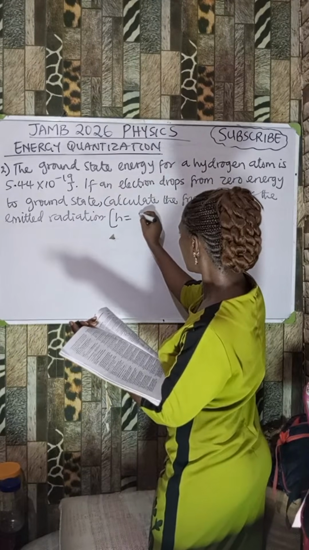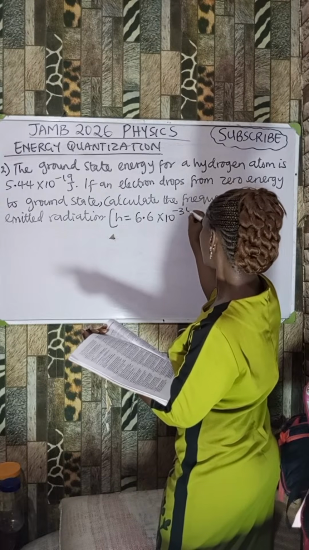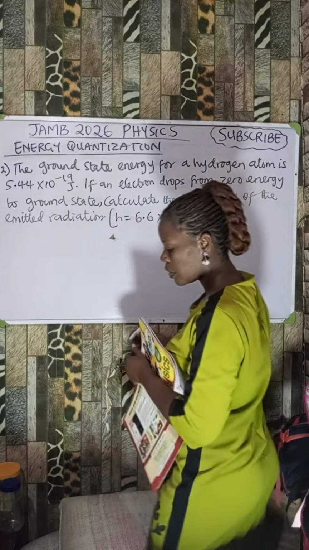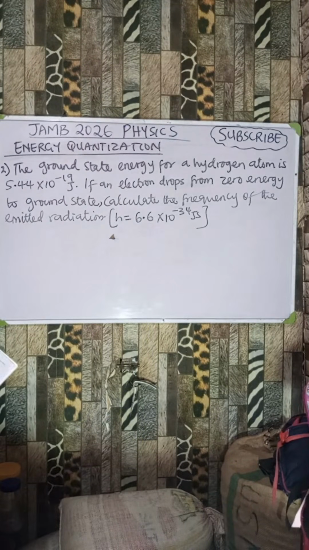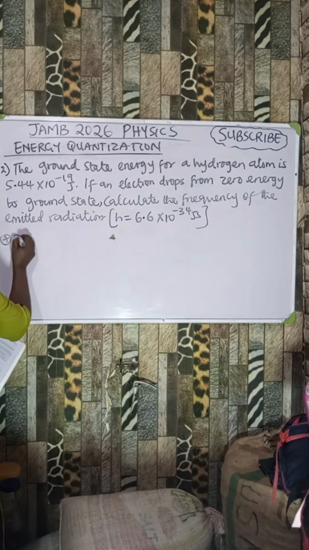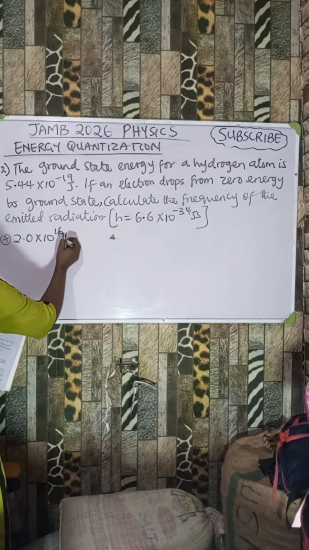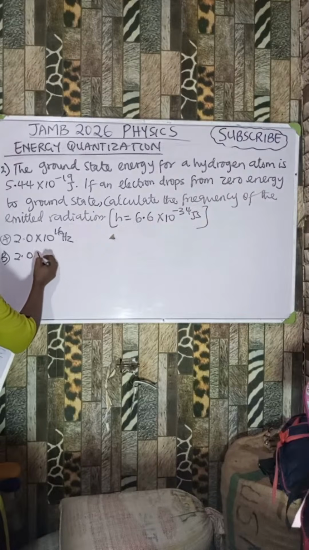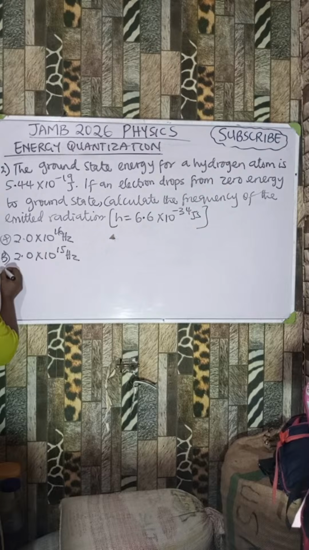All right, so we have 6.6 times 10 power minus 34 joules second. Okay, so let's look at the options provided. First option is this. Okay, so this is a 2.0 times 10 over 15.